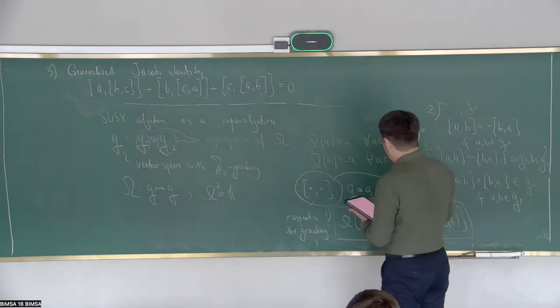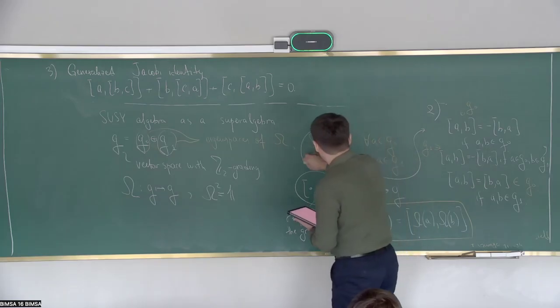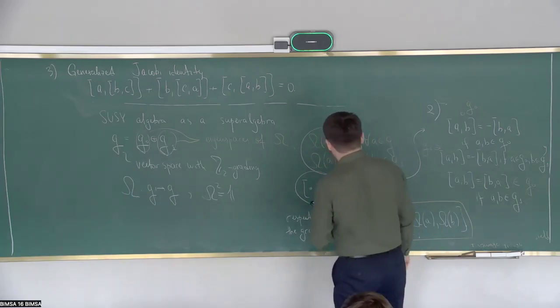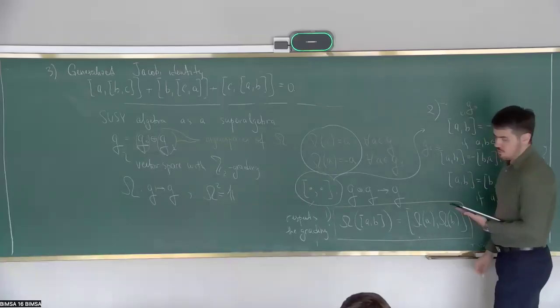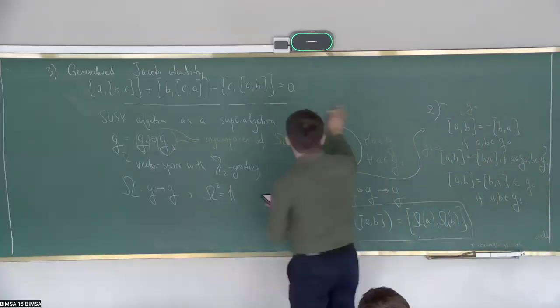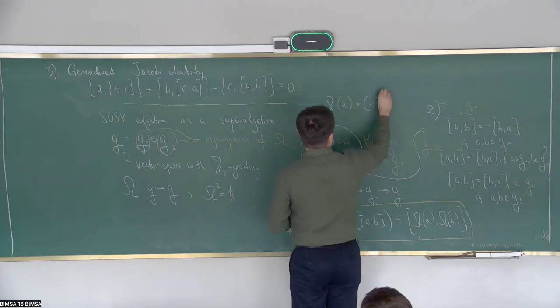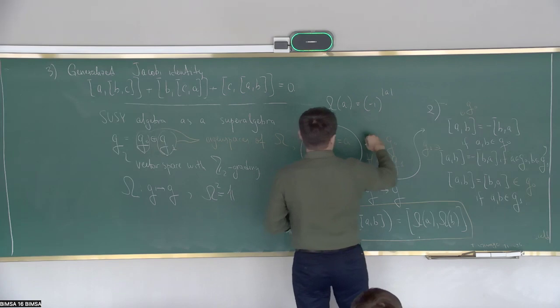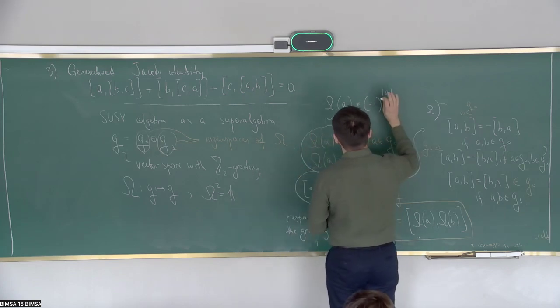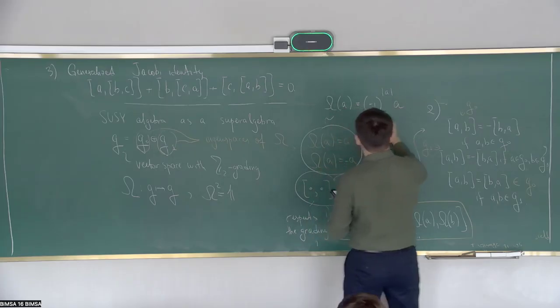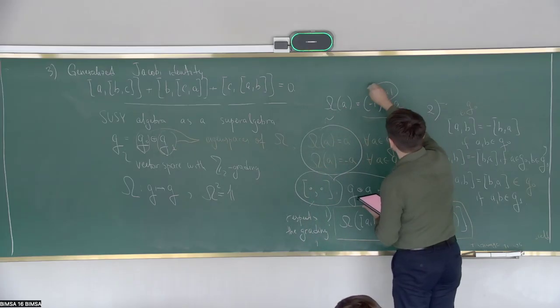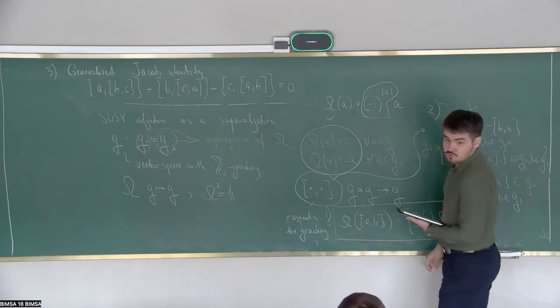I told you that omega acts on every homogeneous element by multiplying it either by 1 or minus 1. So let's say that omega of A is minus 1 to the grading of A, times A. This plus minus 1 we now denote by minus 1 to the modulus of A.